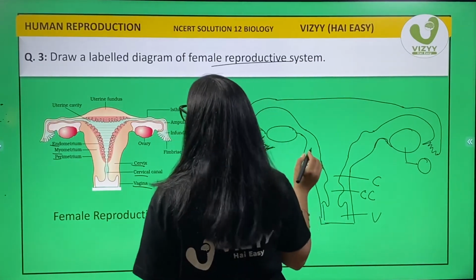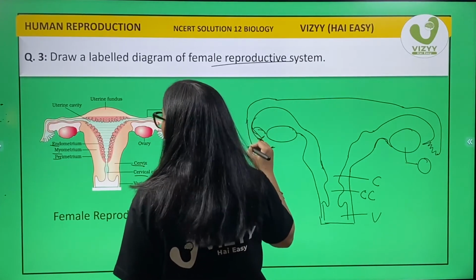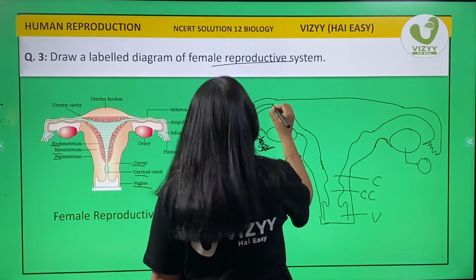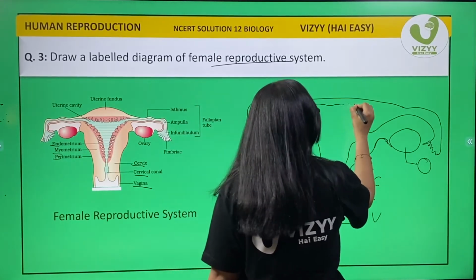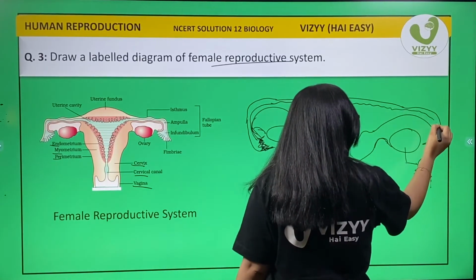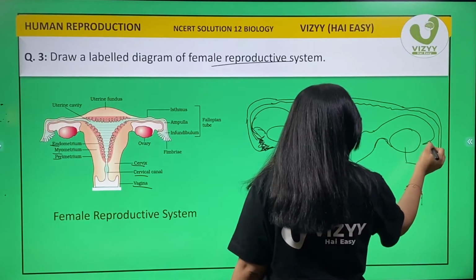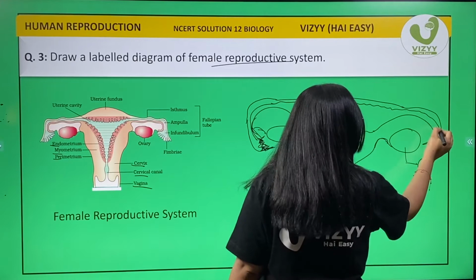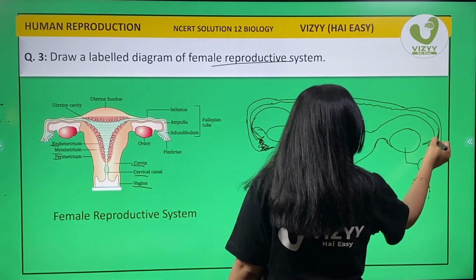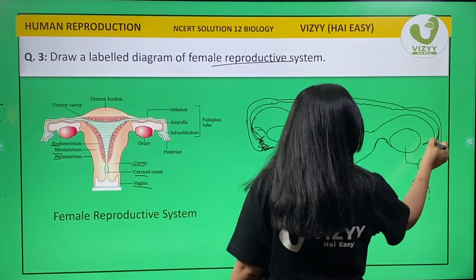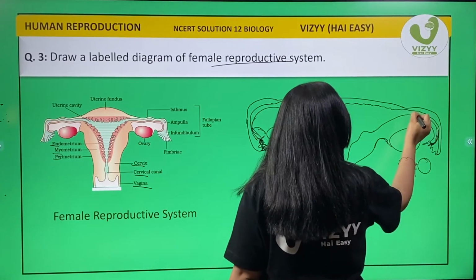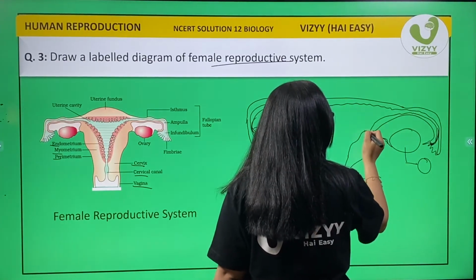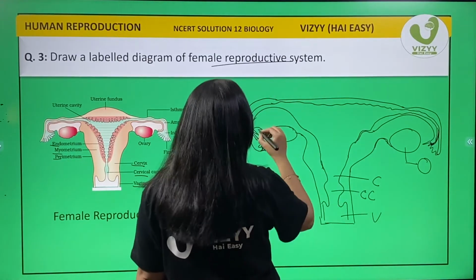Here. Okay, now tube-like structures, small tubes, and that will show the inner lining. Here again. Here and like this. So this will go all the way out. And over here.